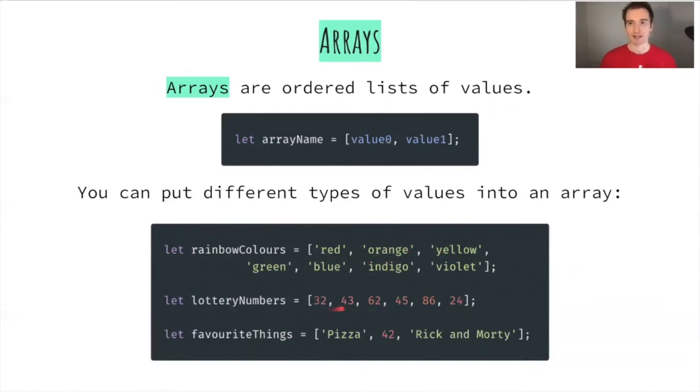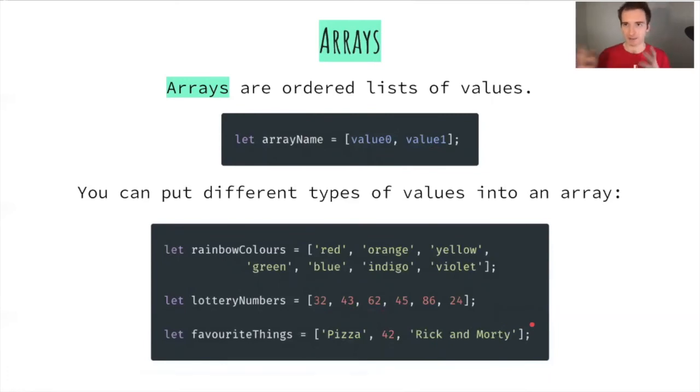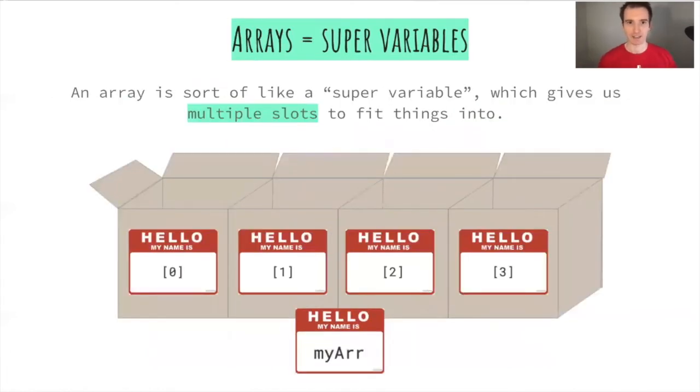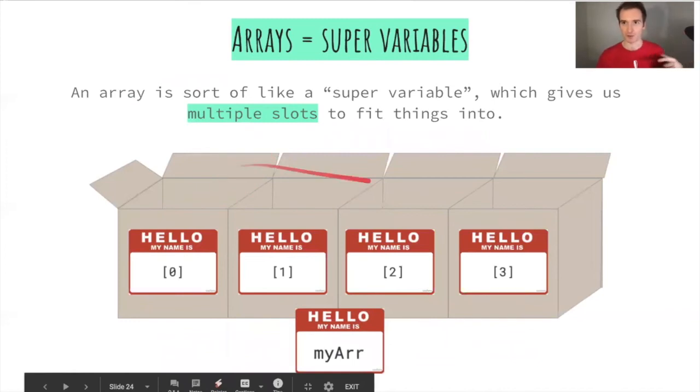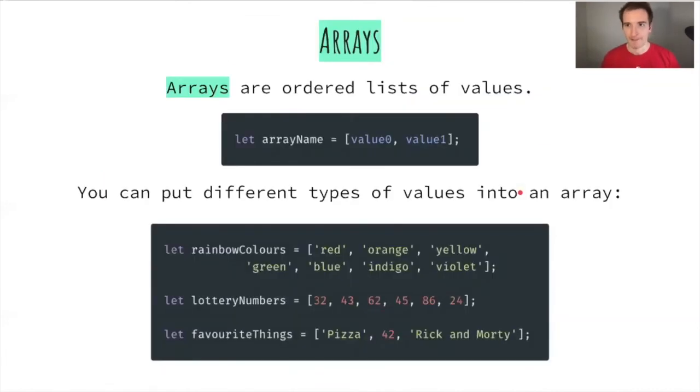Here we have an array of numbers. And it turns out that we can put different types of things in an array as well. So it's not like if you have an array of numbers, you can only put more numbers in it. You can put anything at any position in these boxes. So it is literally like, okay, we can just make more boxes connected to this giant centipede of a box. And that works totally fine.